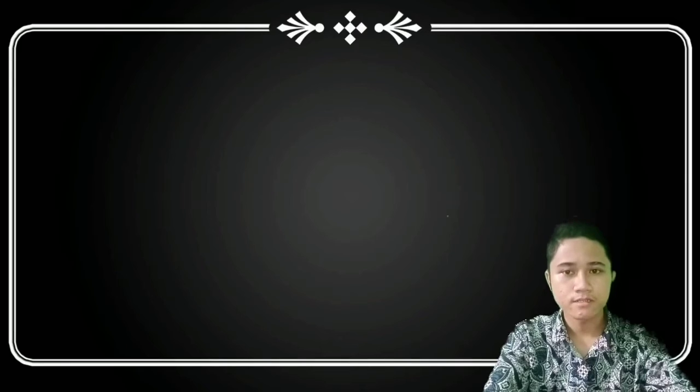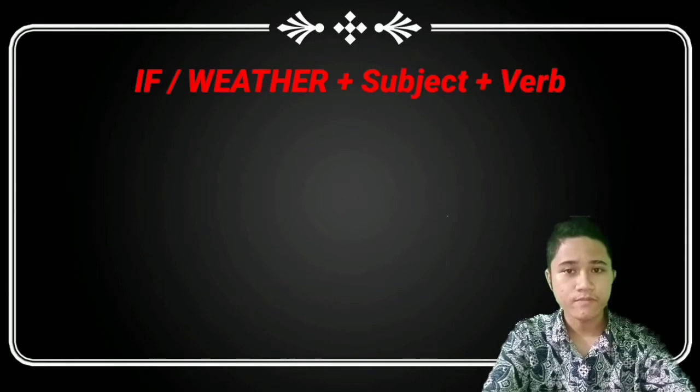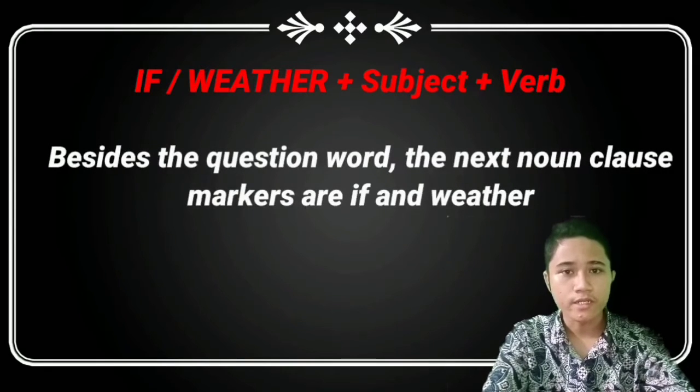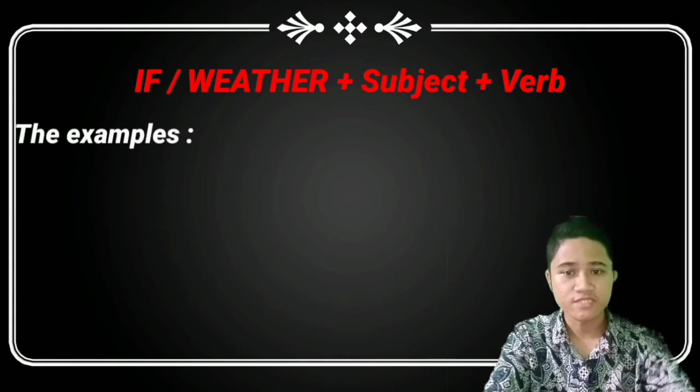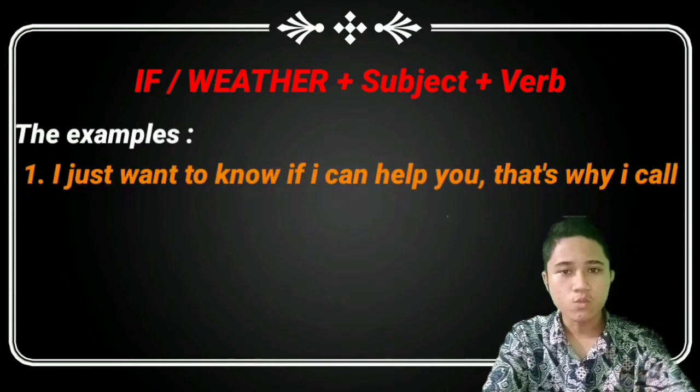Okay, next, if or whether plus subject plus verb. Besides the question words, the next noun clause markers are if and whether. Here are examples of sentences. The first example: I just want to know if I can help you.